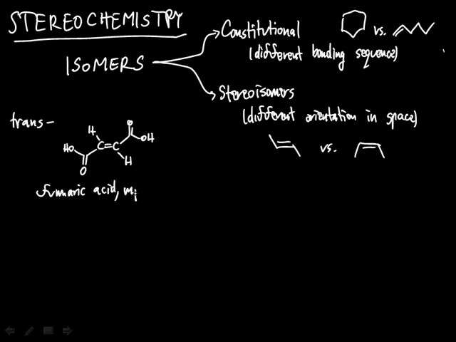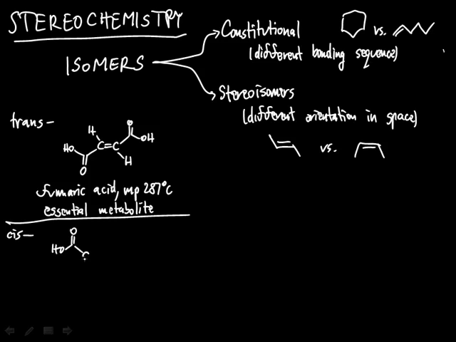Its melting point is actually quite high, 287 degrees centigrade, and it's an essential metabolite that occurs in our bodies. Its cis isomer is the so-called maleic acid.